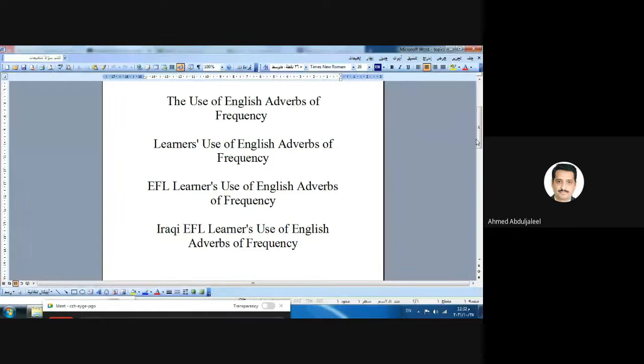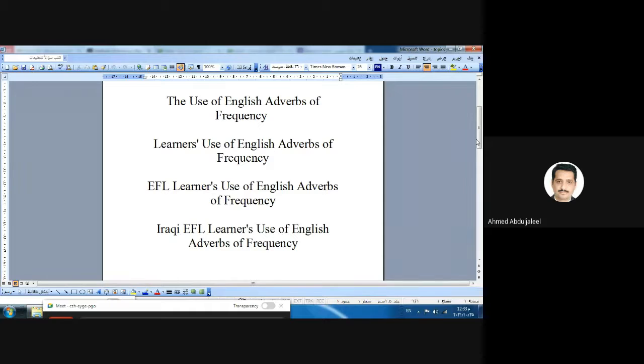This is the title that we can write about. You see how we can limit and narrow the topic till we reach the topic that we are going to write about. This is the process. So we begin with something too general, and then we have something specific.